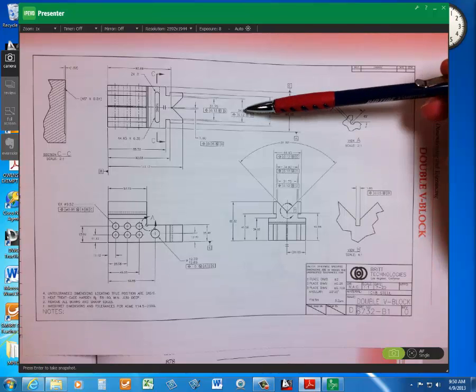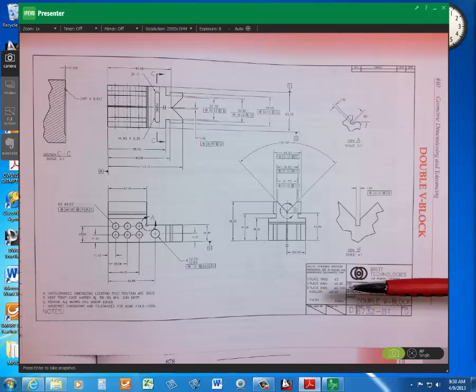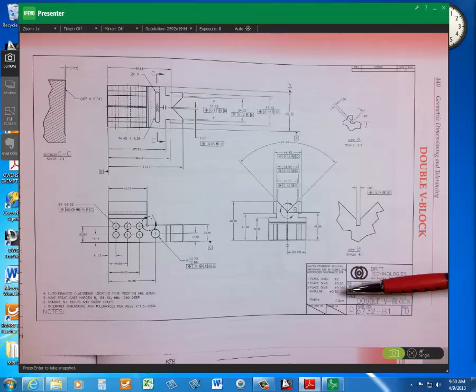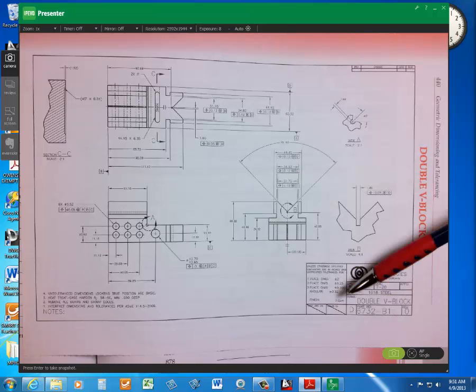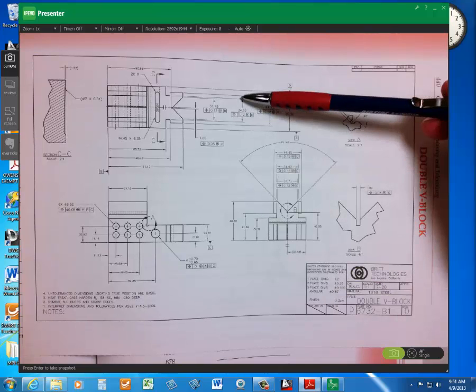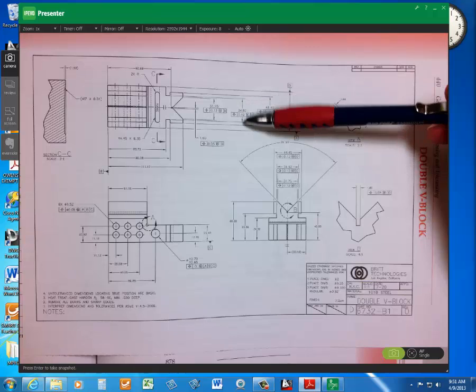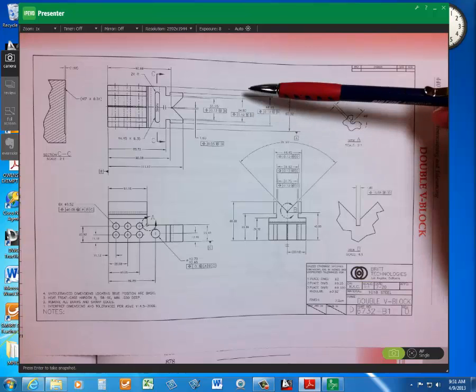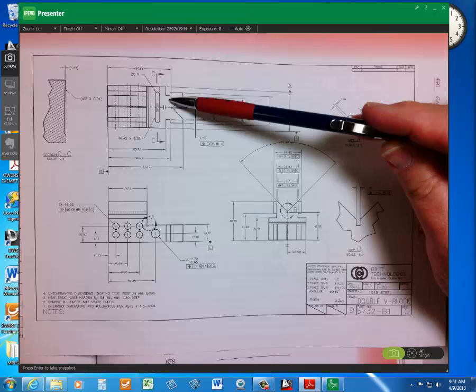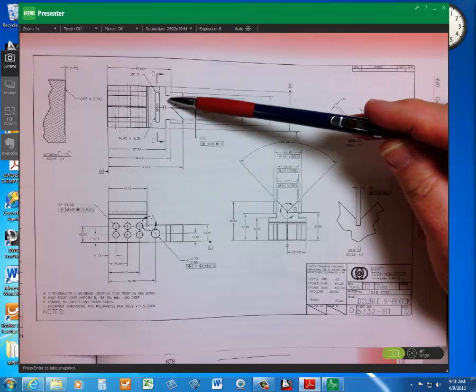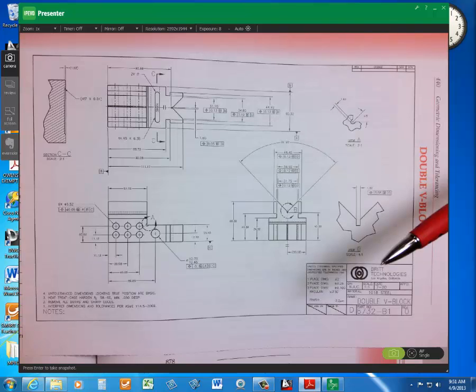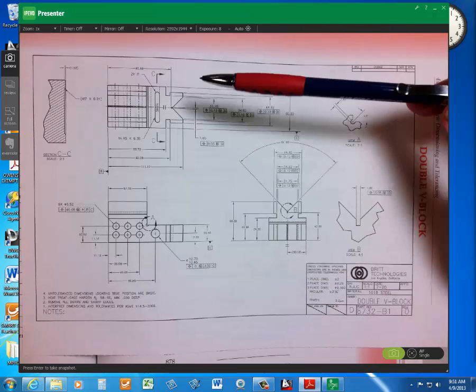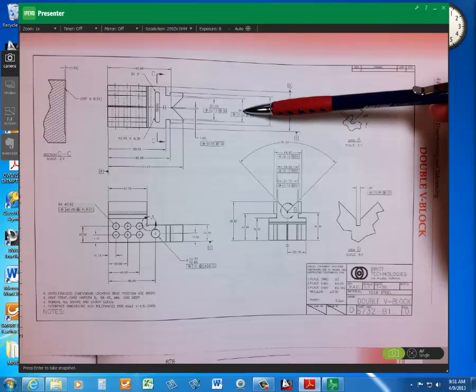So when this feature is at MMC. Now it's an external feature, it's not a hole, it's not a diameter, but we still consider that, so at MMC, max material condition would be when this is at its largest.